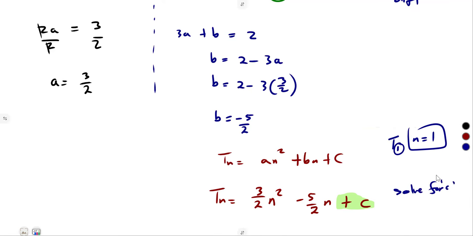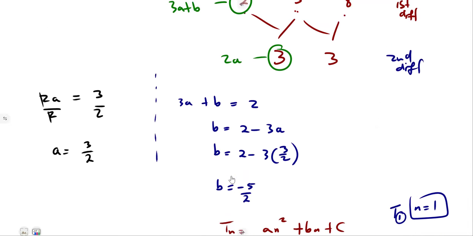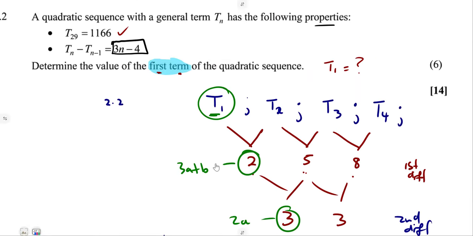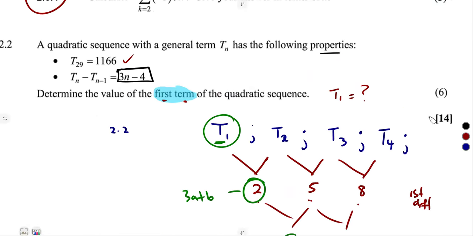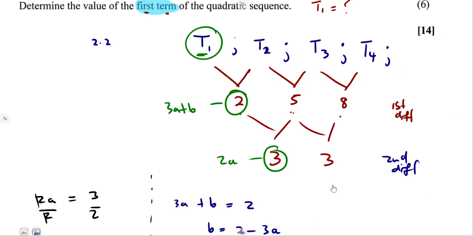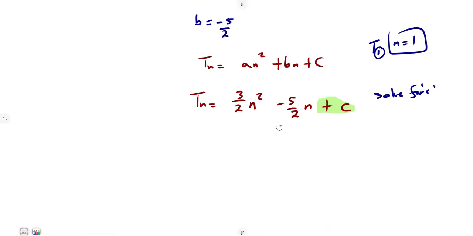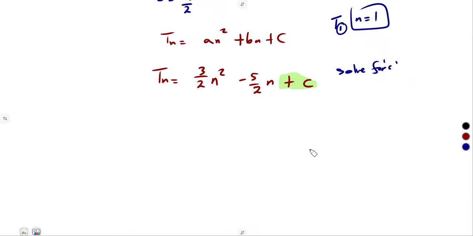How is that possible? There is a statement that we are told about these terms, that one of the terms, which is T29, is equal to 1166. Using that, it means n is 29.